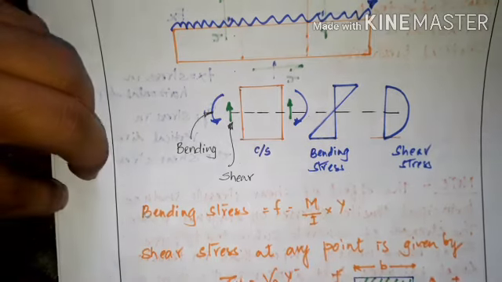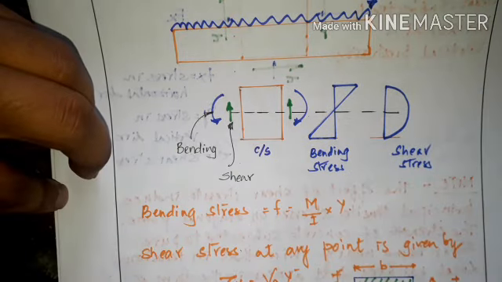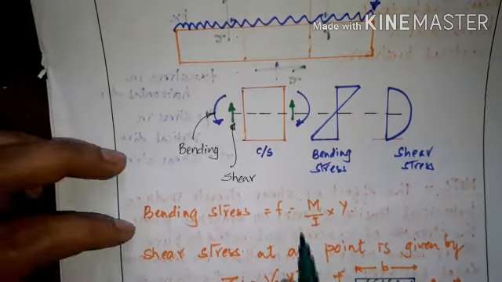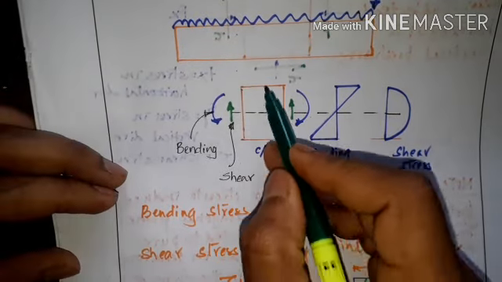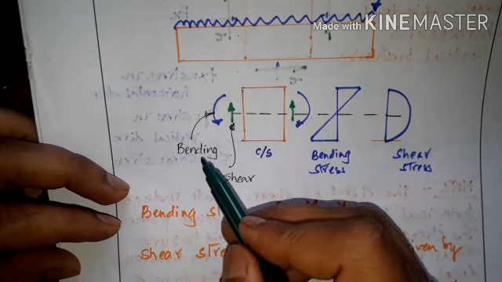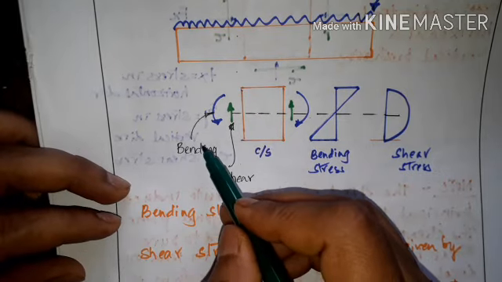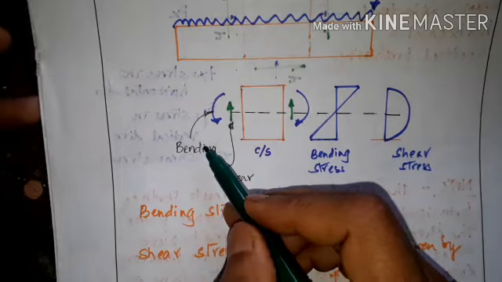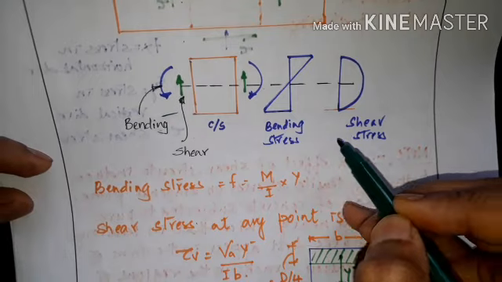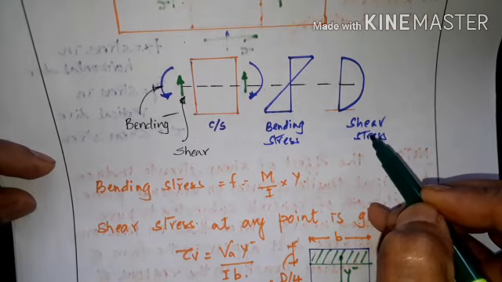As I told you, when the member is subjected to external shear and bending, it develops internal resistance, called bending stress and shear stress.